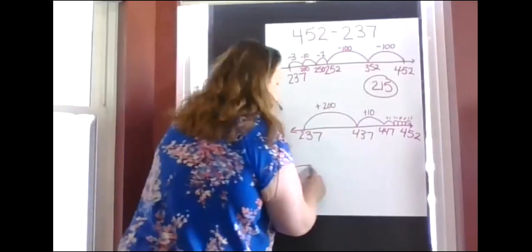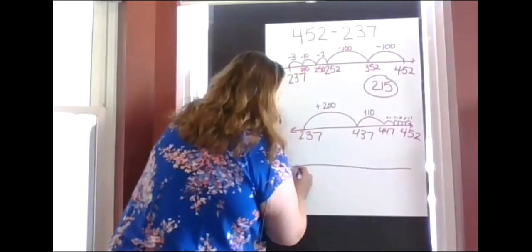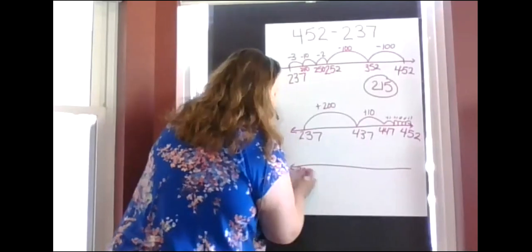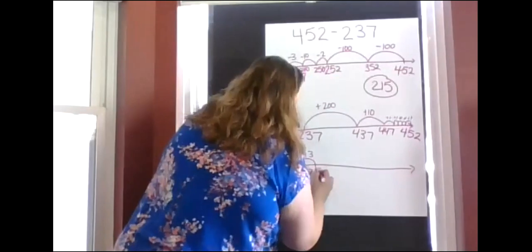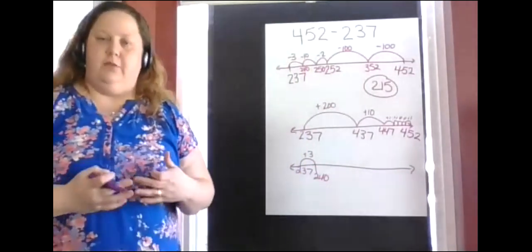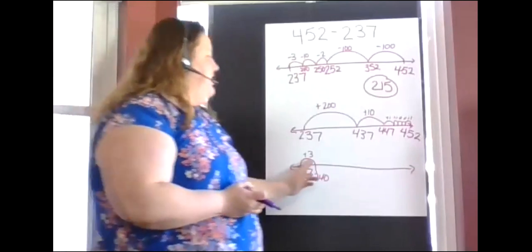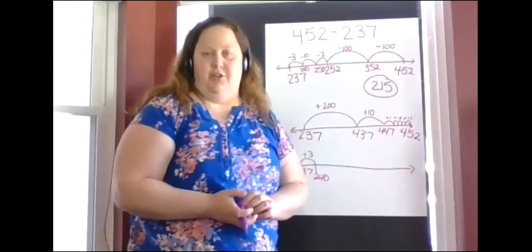They may start with 237 plus 3 to get to 240. That might be a more comfortable number for them to work with. And then they could continue to make their larger jumps.